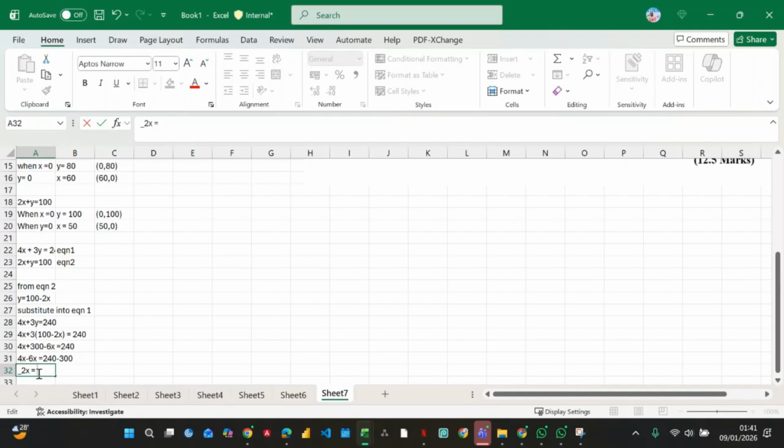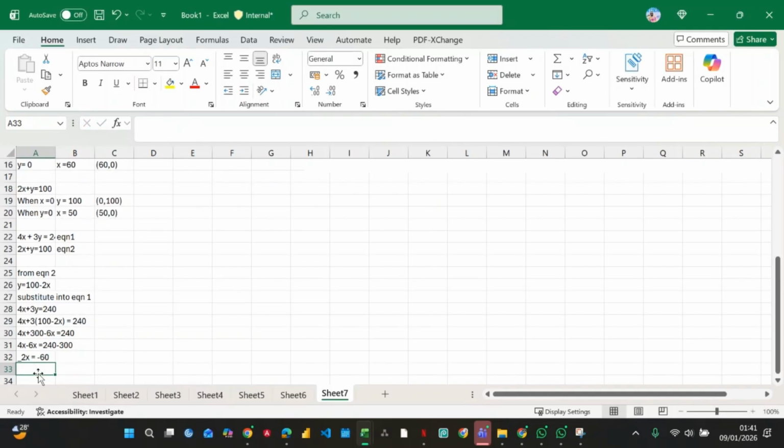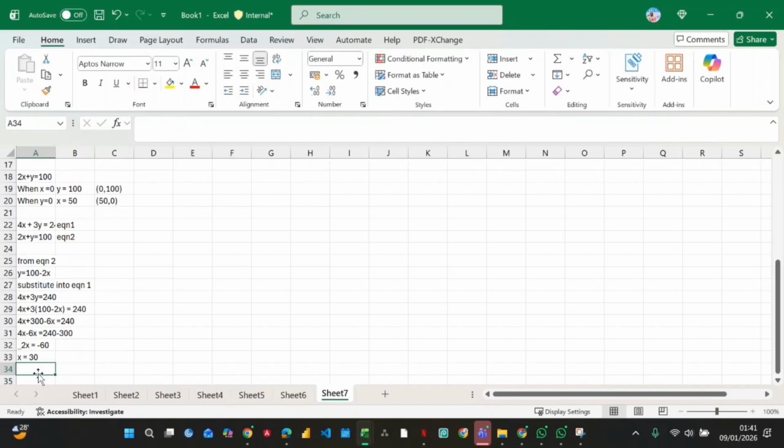That means minus 60. Minus divided by minus gives positive, so 60 divided by 2. Our x is now equal to 30.